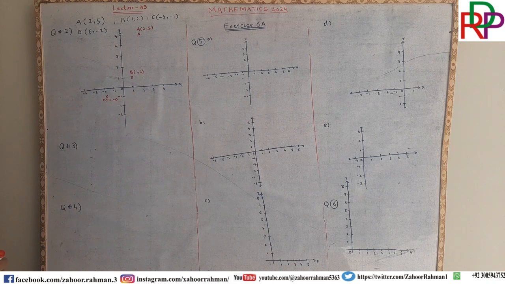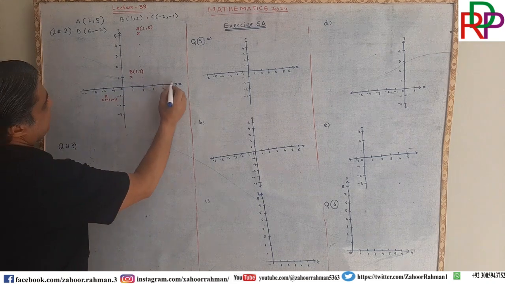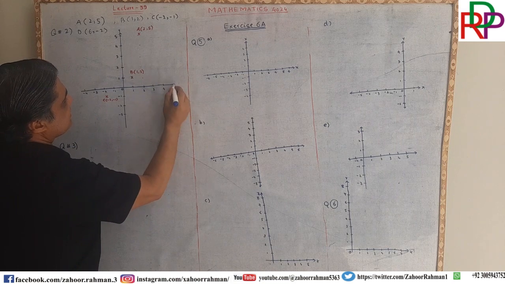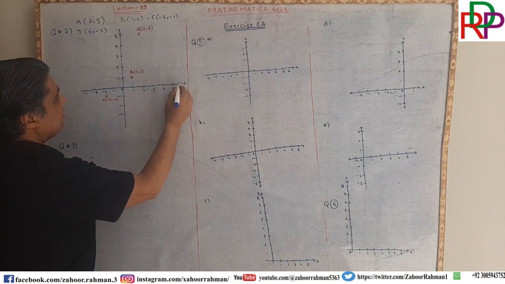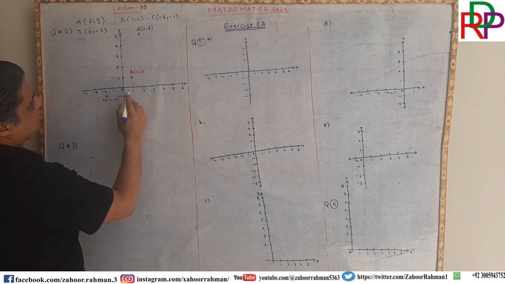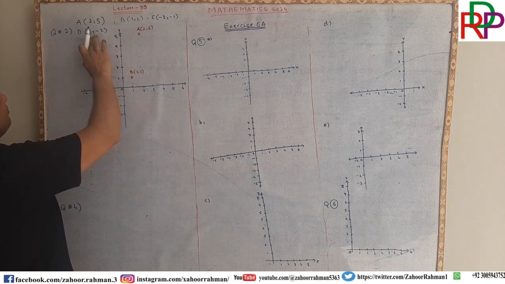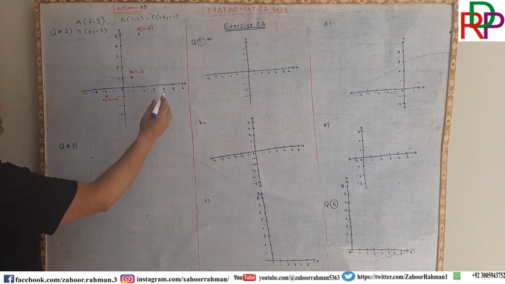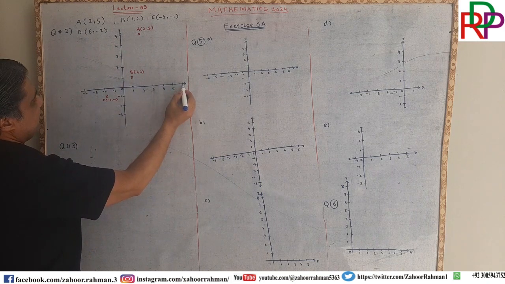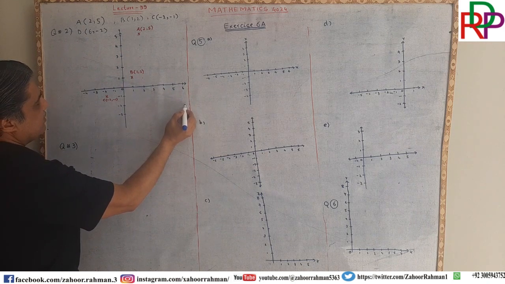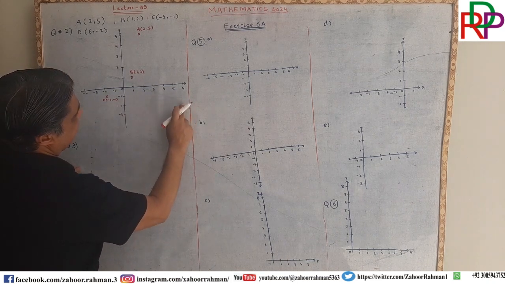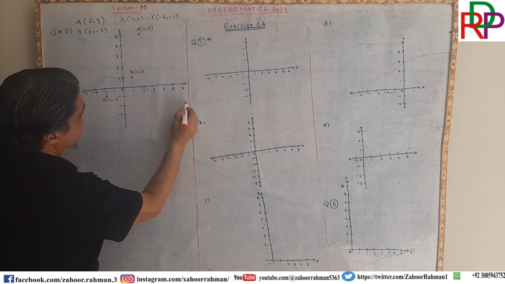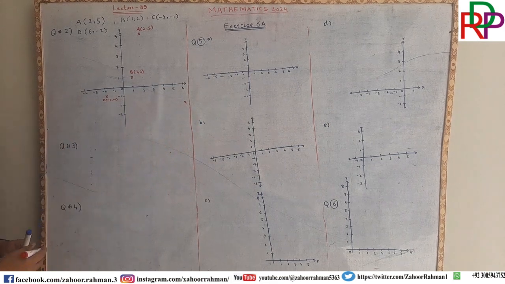It is given that you have to draw the 6 values. If I go in the positive direction 6, I will reach here, and -2 here, so I will be here in front of it. I have to put a cross on it.